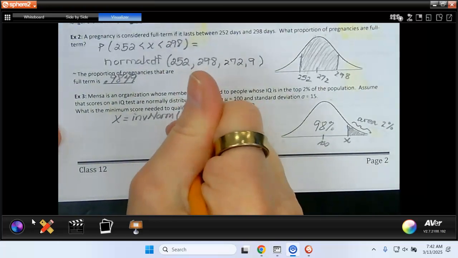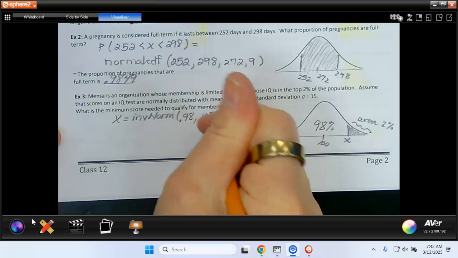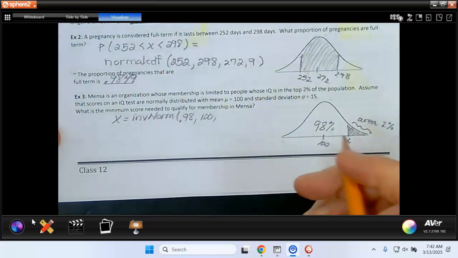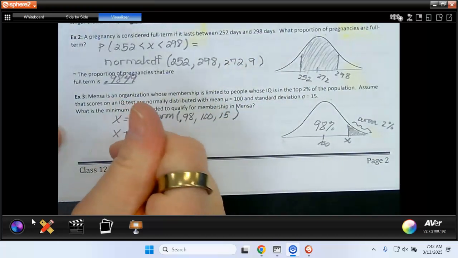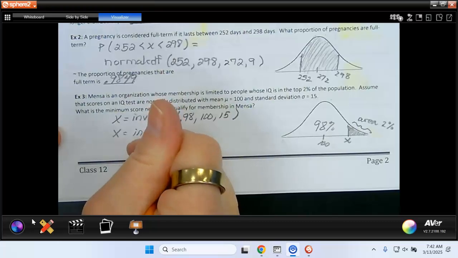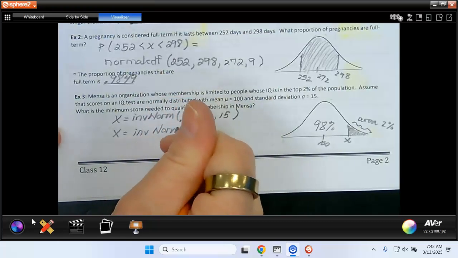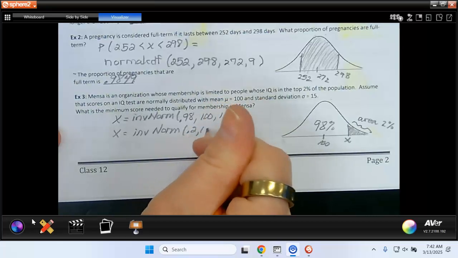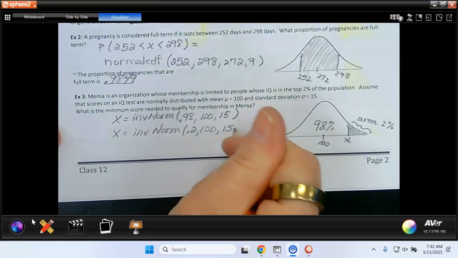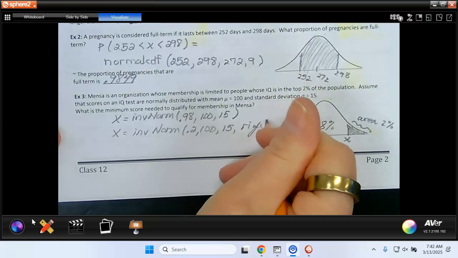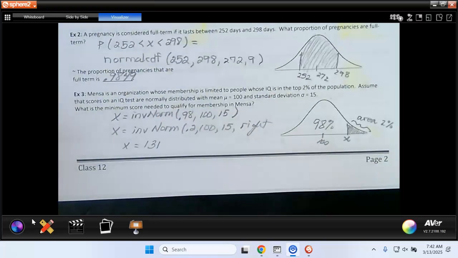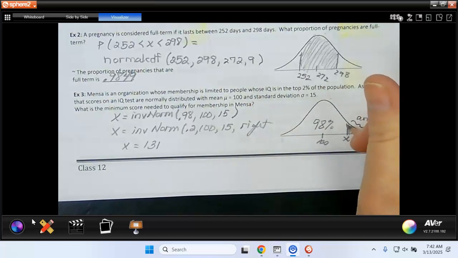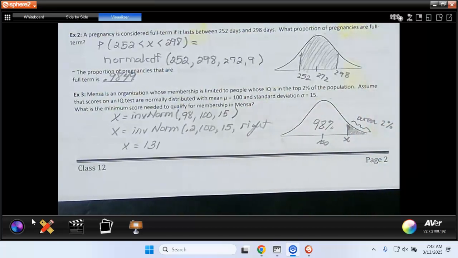So 0.98, mean of 100, standard deviation of 15. If you have a newer calculator, you're going to say inverse norm at 2%, so 0.02, 100, 15, and right. Whichever one works for your situation, and you would round this IQ. So 131. You would want to round up to make sure it's within that last 2%.